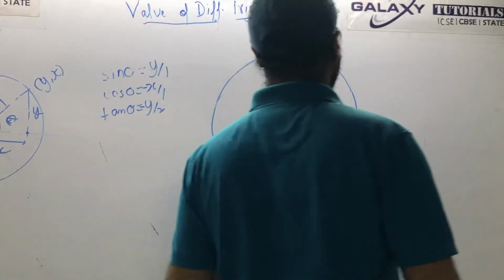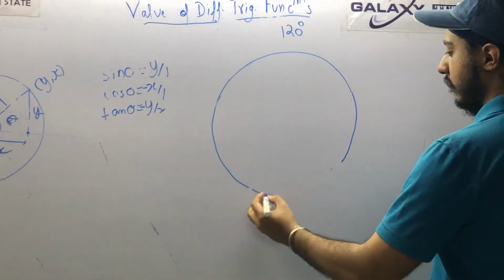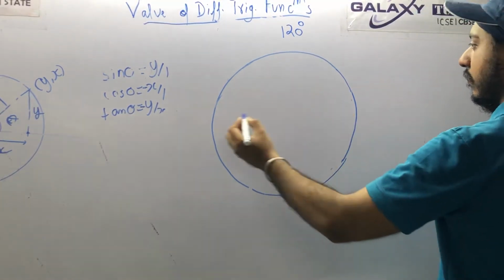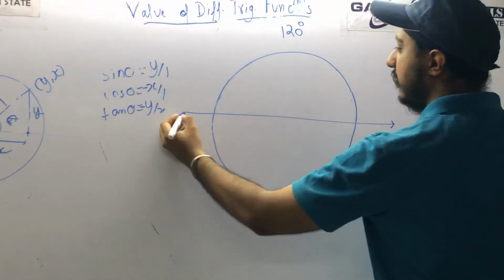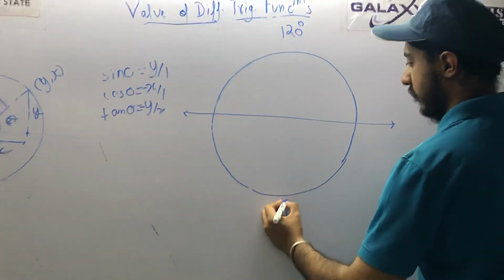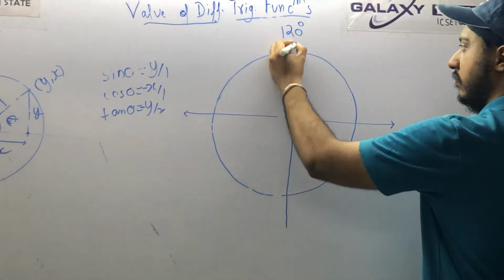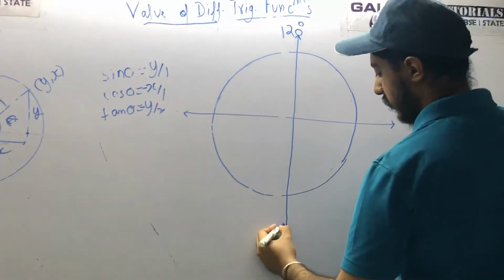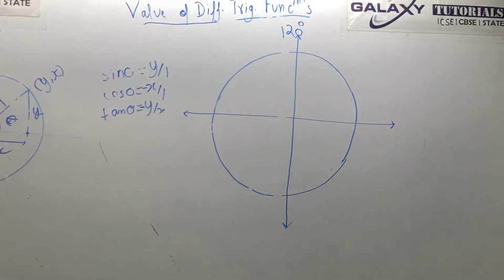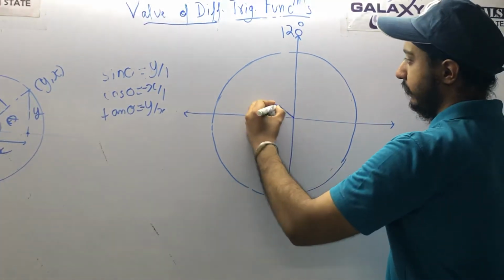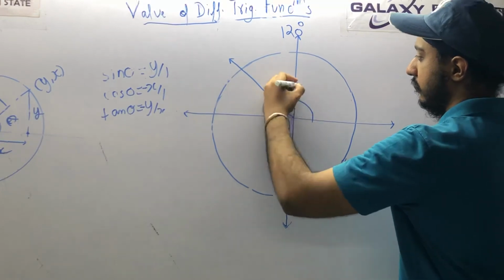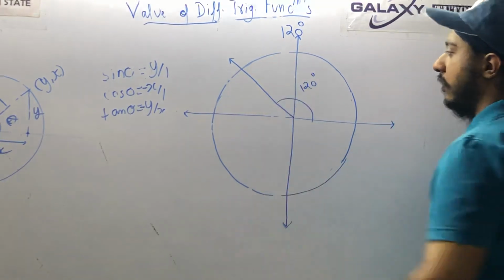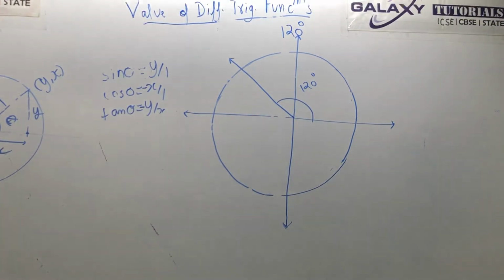So how to proceed in these cases? First we will make this 120 degrees here somewhere. Now what you will do is find out the reference angle.